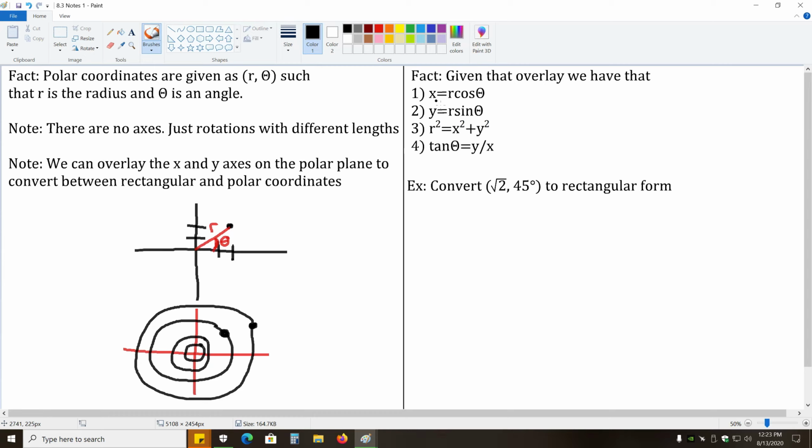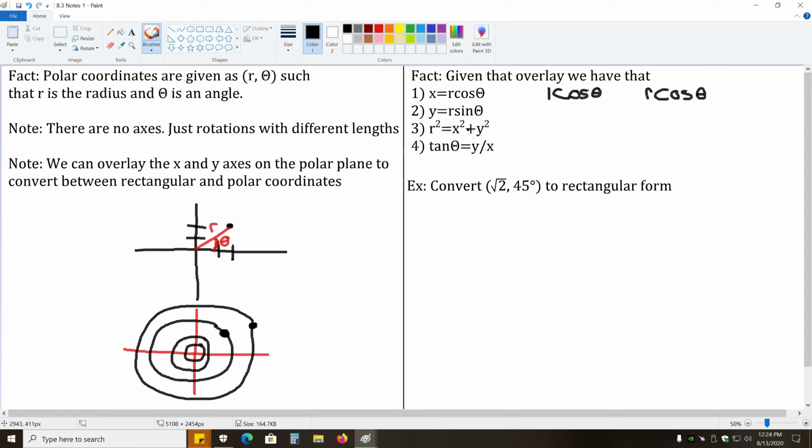And that still gives you your x value. All that's changed is the x value is no longer 1 times cosine theta. Now it's r times cosine theta. So whatever your r value is, multiply it by cosine of your angle, that gives you the x value. And you can probably guess that y would just be r times sine of theta. Instead of y equals sine theta for the unit circle, now we have r sine theta.